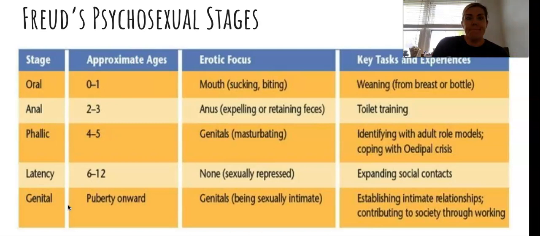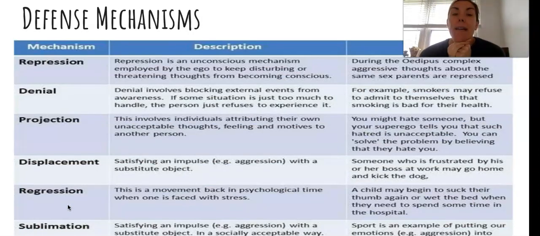Okay. All right. And then defense mechanisms, these were really big with the psychoanalytic theory. So please make sure you know these defense mechanisms. Repression is where the unconscious, you repress the memory. So you just put it aside and don't think about it.